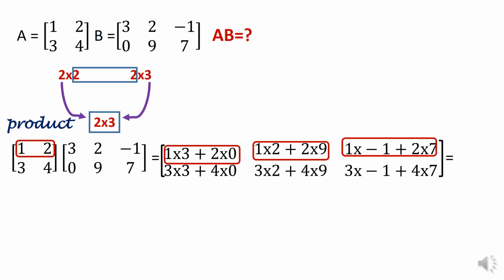Then, the second row of A is multiplied with the first column of B in order to get the elements in the 2/1th position of the answer. Thus, we have 3 into 3 plus 4 into 0. Then, the second row elements of the first matrix are taken and multiplied with the second column elements of the second matrix to get these elements here.